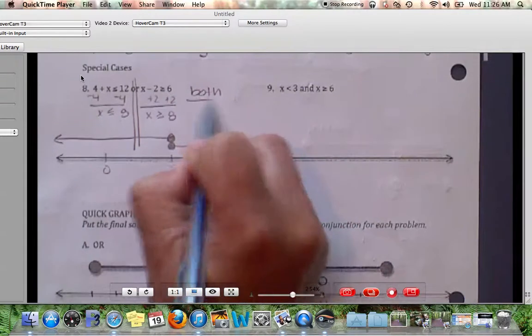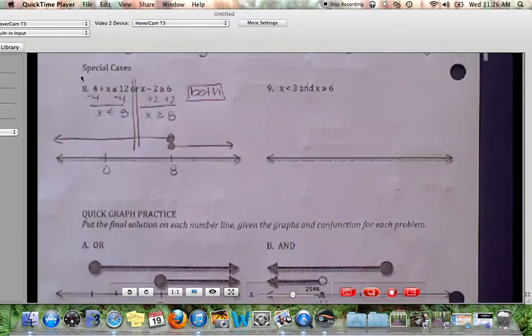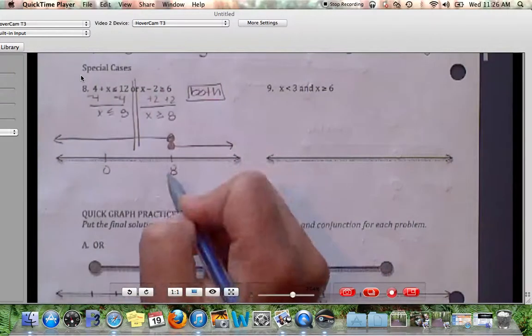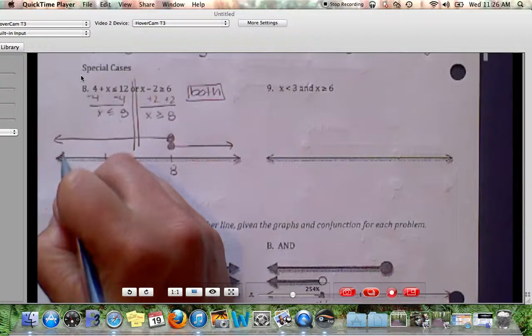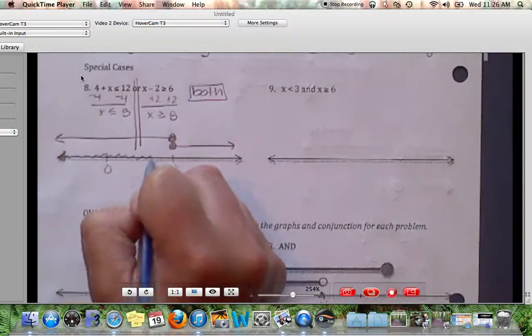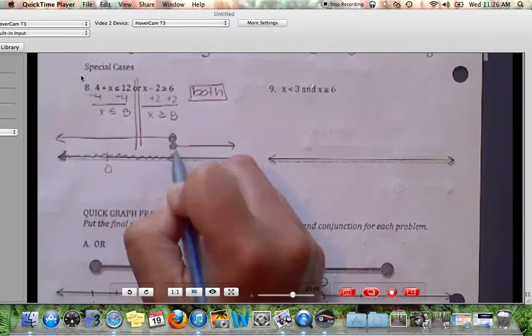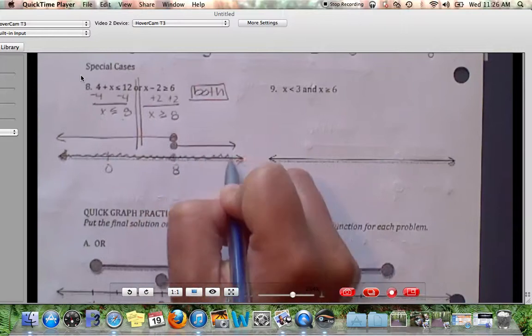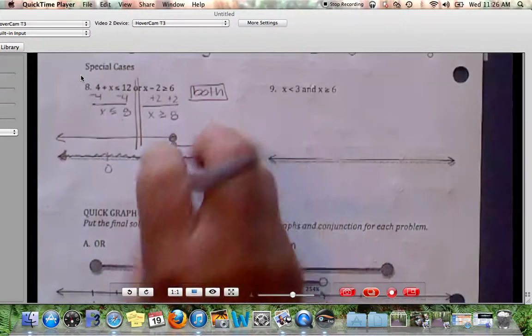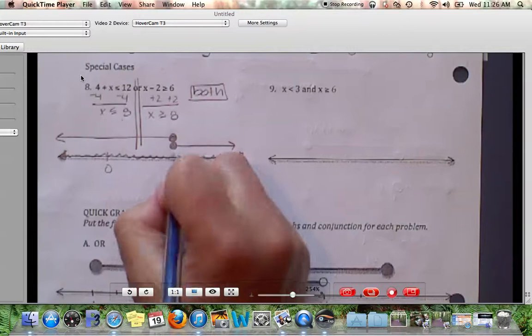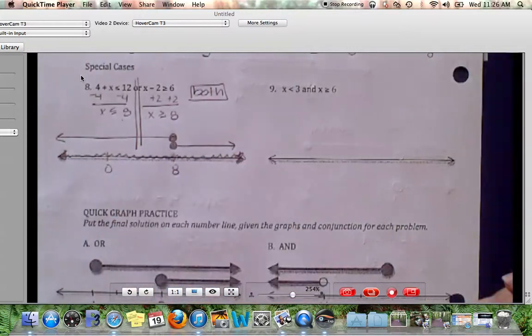Now it says I'm supposed to bring them both down because it's an OR. What happens when I bring them both down? We have this shaded region and a closed circle, and then this shaded region. So what we end up getting is the whole number line shaded in. There are all possibilities.